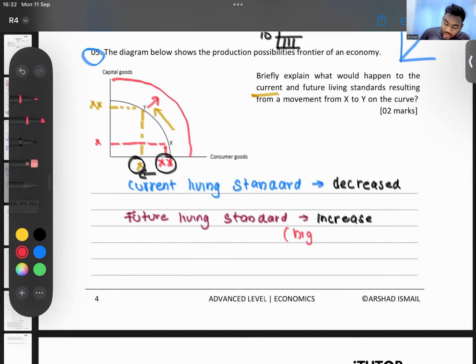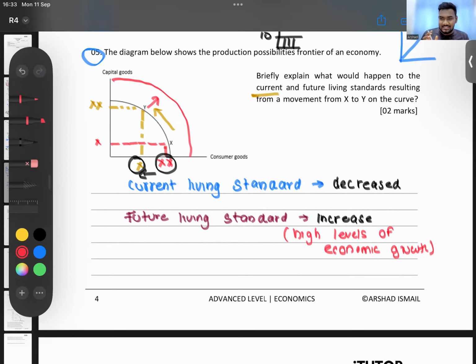Because there is going to be high levels of economic growth. Because when they sacrifice their current consumption and produce more and more capital goods, in the future they are going to grow a lot, then they can produce more and more goods. So their future living standard will be high.